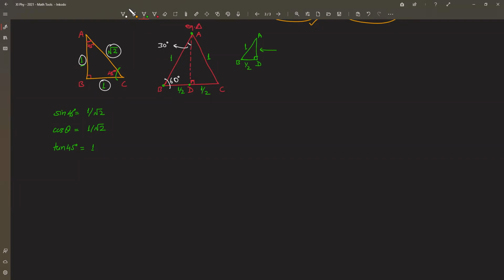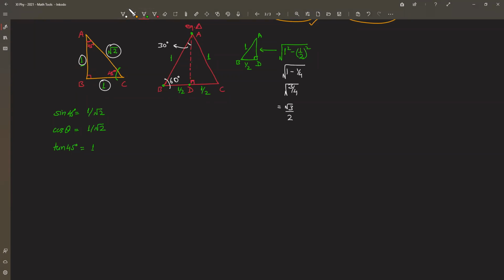So what will be this side? This will be the root of 1 square minus 1 by 2 whole square. We are applying the Pythagoras theorem. So this perpendicular side will be the root of 1 minus 1 by 4, that is root of 3 by 4, which is nothing but root 3 divided by 2.